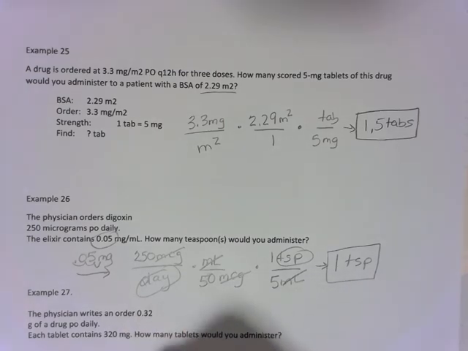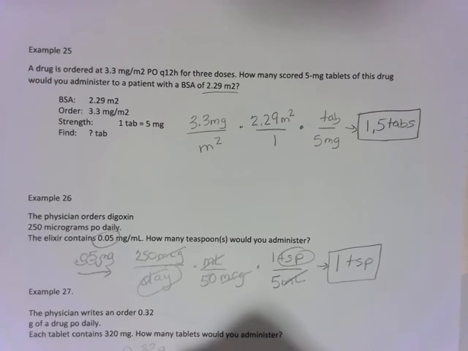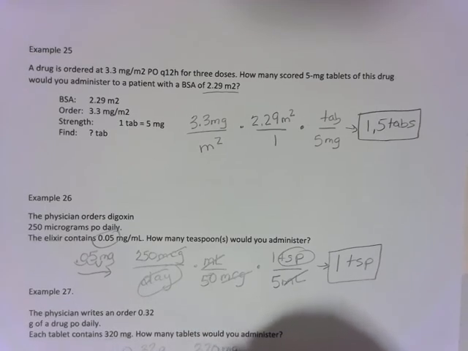Here I have 0.32 grams. I want to make that into milligrams because my strength is in milligrams, so I'm going to move that over 3 places, which gives me 320 milligrams is my order.